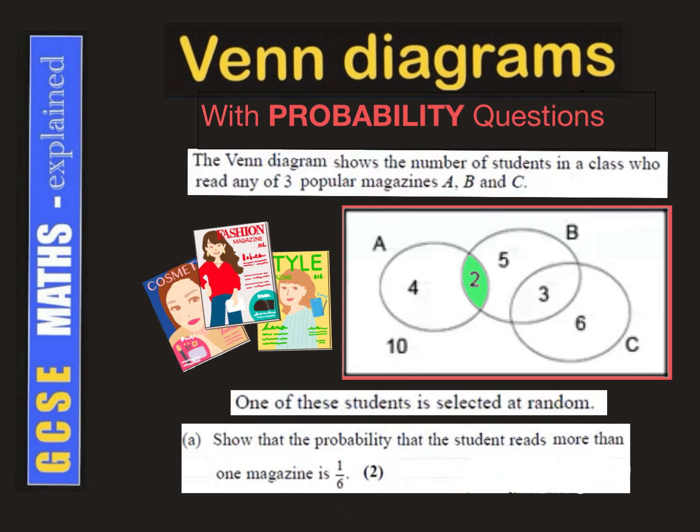And I can see that 2 people read magazine A and B, and also 3 people read magazine B and C. So these 5 students read more than one magazine.